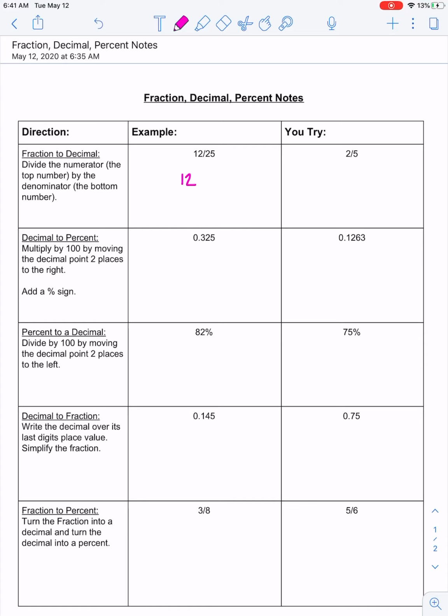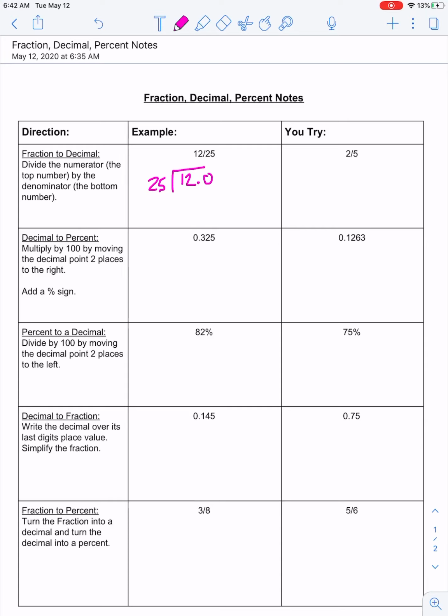12 divided by 25. So that's going to mean that we're going to get a decimal number just like we were working on the last couple days. So 25 doesn't go into 12, so I'm going to add a decimal and a 0.